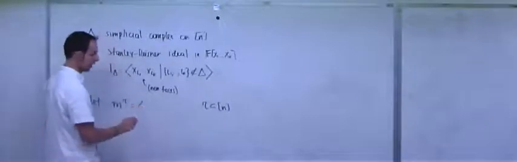If tau is a subset of 1 up to n, then I'm going to define M super tau to be the ideal generated by the variables indexed by this guy, so x_i such that i is in tau.